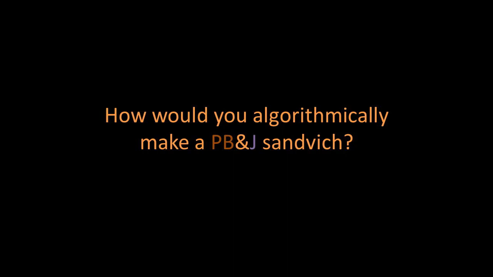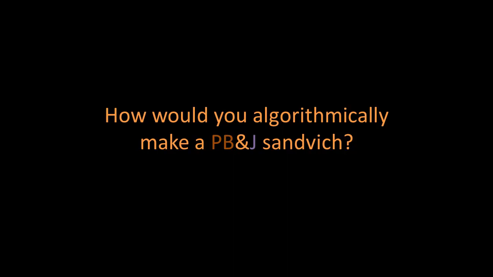Well, we're going to practice that type of thinking. Something as easy as a PB&J sandwich, something I bet all of you could make in about 5 minutes, given peanut butter and jelly and some bread. How would you algorithmically make a peanut butter and jelly sandwich? How would you tell a robot or your computer to create a sandwich for you?